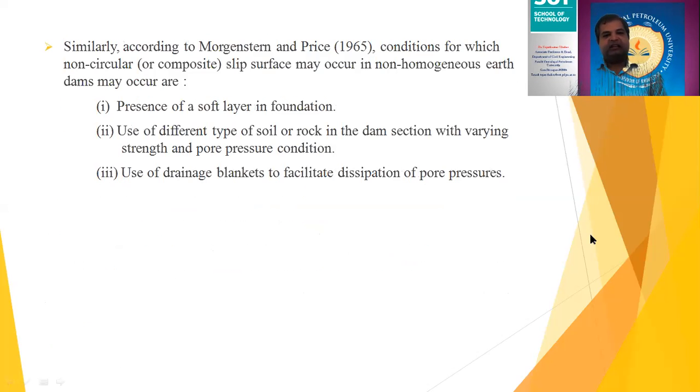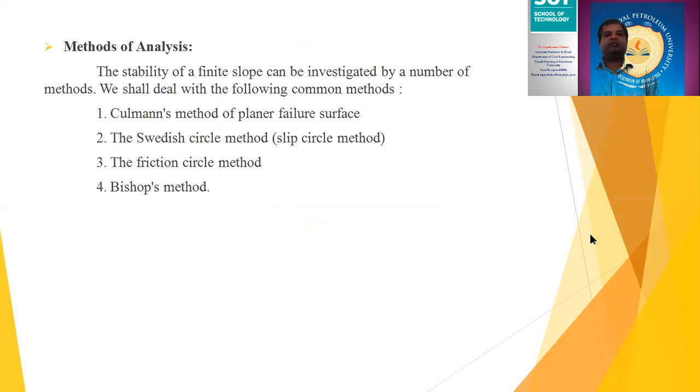And then we moved to this particular slide, which is the method of analysis of finite slopes. Mainly, the stability of finite slope is investigated by a number of methods. Like first is Culmann method of planar failure surfaces.